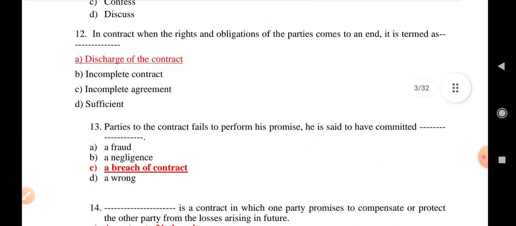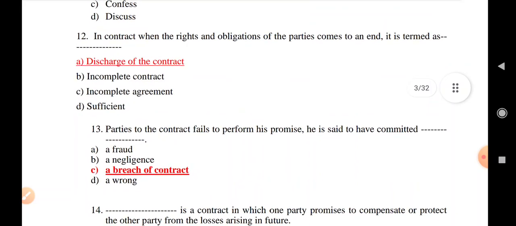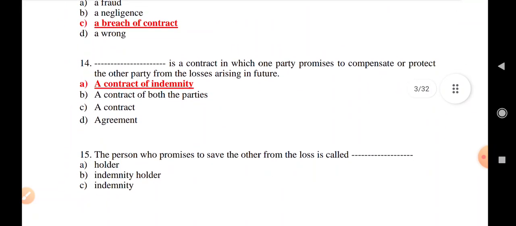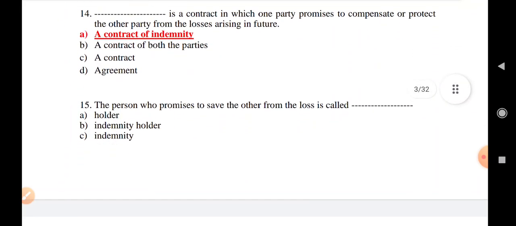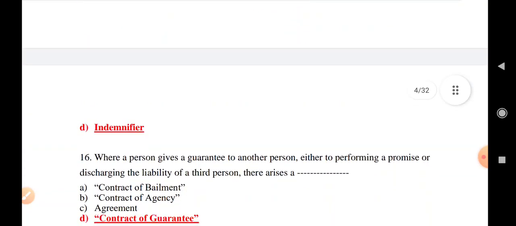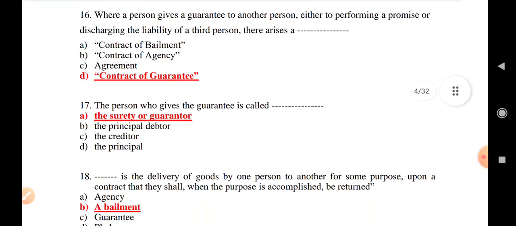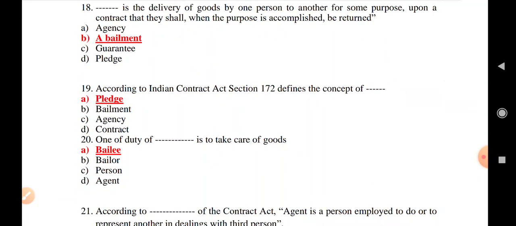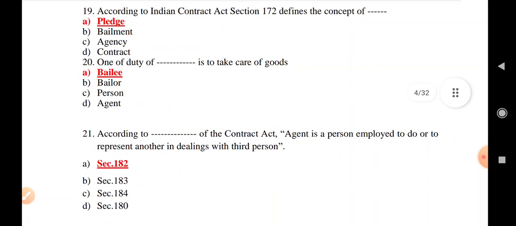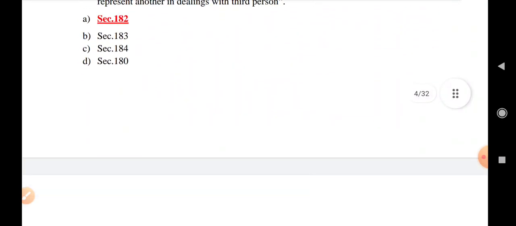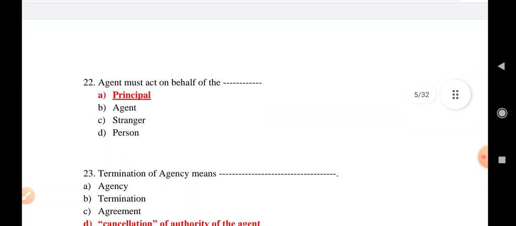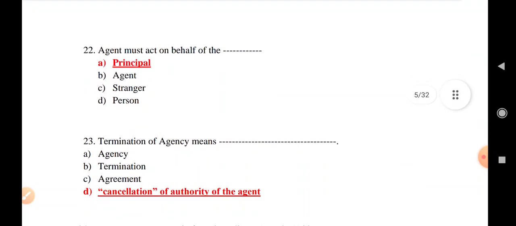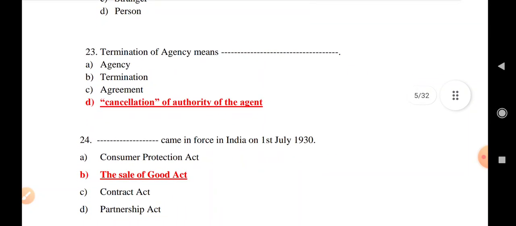These are some examples of MCQ questions, and you have to choose the correct answer. These are only questions for practice. You need to do more study. You have to study according to our syllabus and try to understand the basic concepts, their definitions and their roles. You also have to study general contract and special contract, so there is bailment also, agency also.